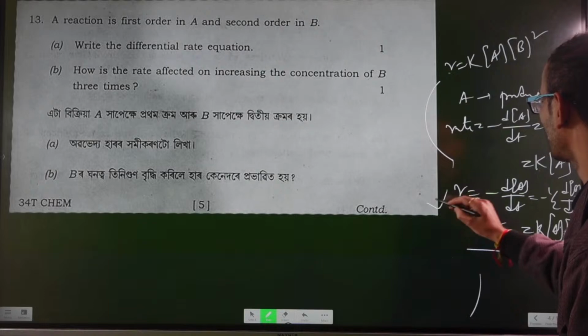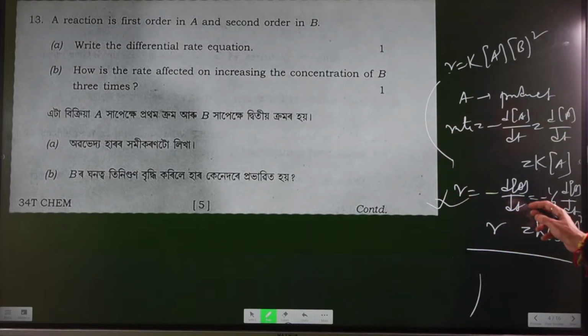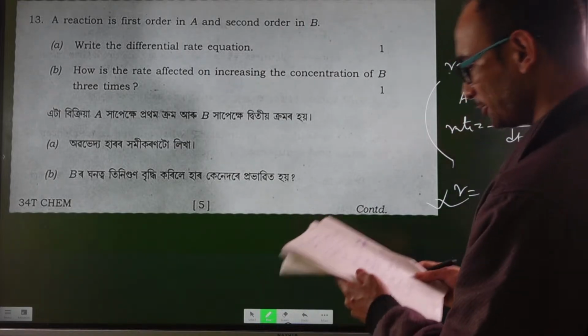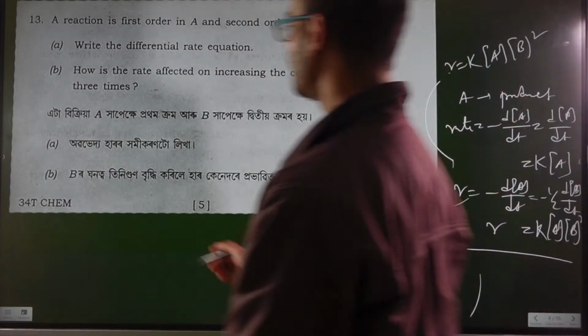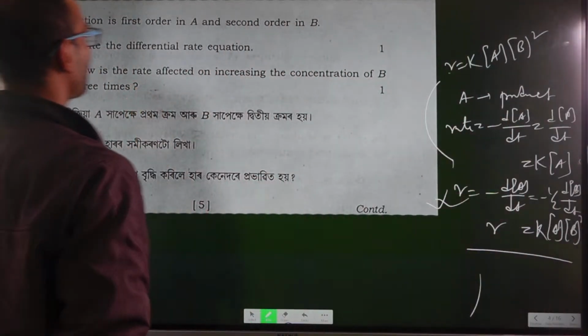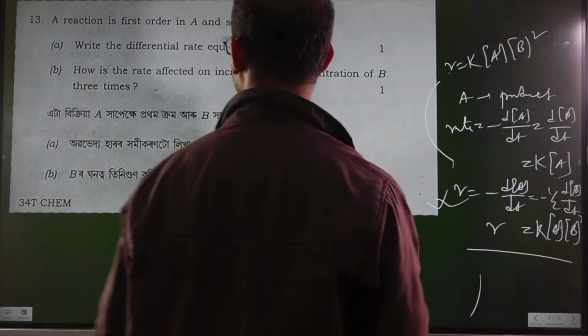So this is the differential expression. R is equal to minus dA by dt is equal to minus d of concentration of B by dt is equal to R, that means R is equal to K concentration of A concentration of B square. Here, how is the rate affected on increasing the concentration of B by 3 times?